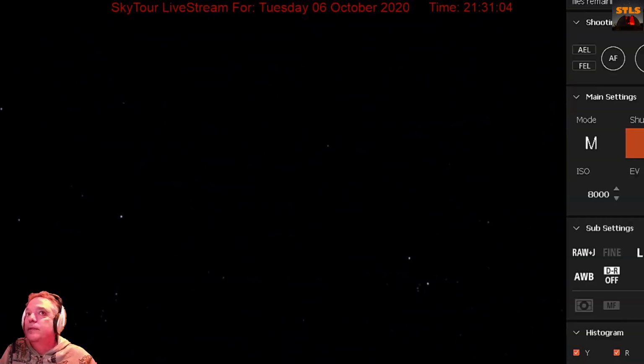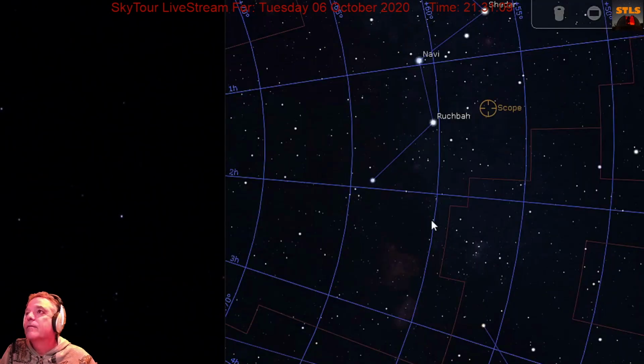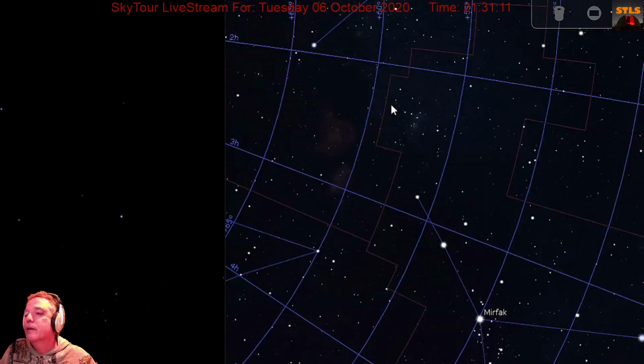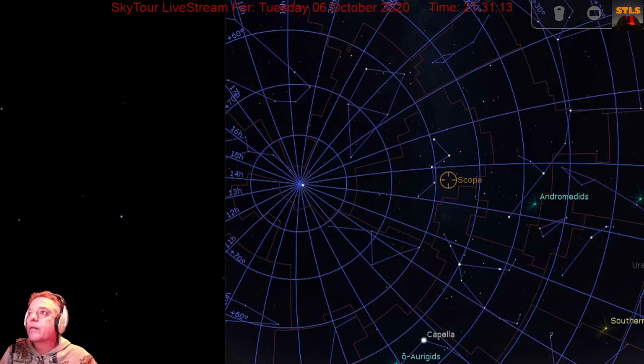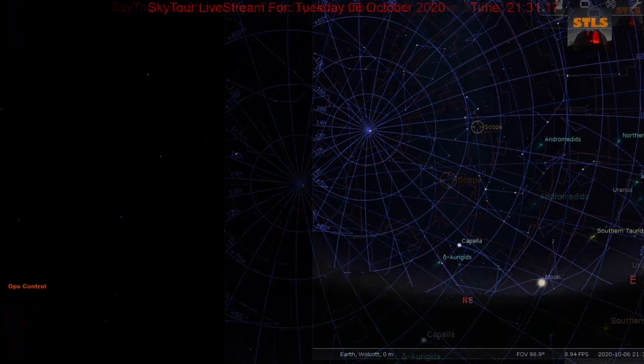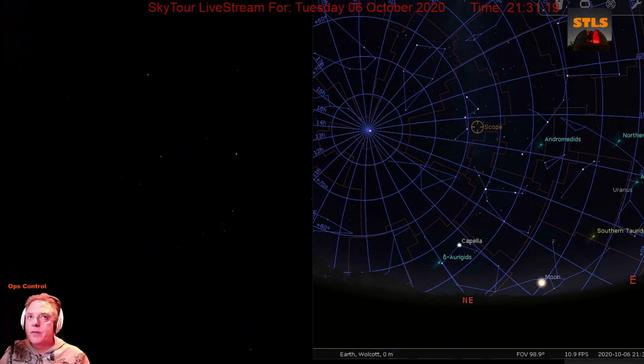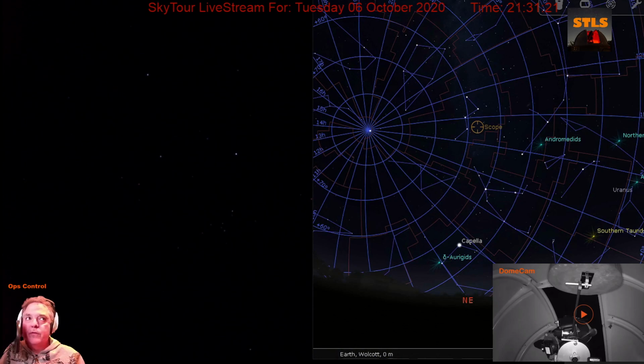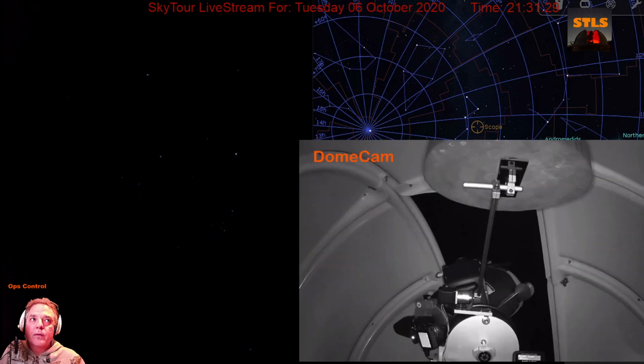So let's see. I'm glad we could see the double cluster tonight. Let's bring up the telescope view here. All right, started it up again, and all right, well, there we are.